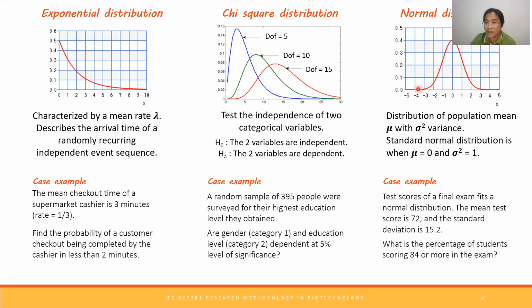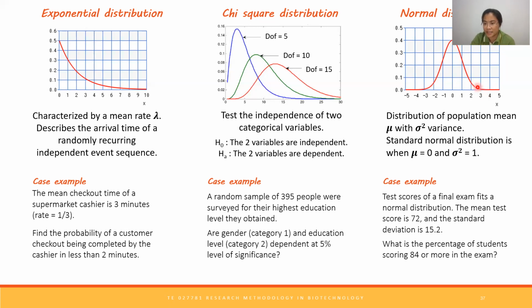So for the normal distribution, if the test score fits the normal distribution with the mean of 72, which is in the middle here, then people who get less than 72 are distributed to the left-hand side, and the people who get more than 72 are distributed on the right-hand side.